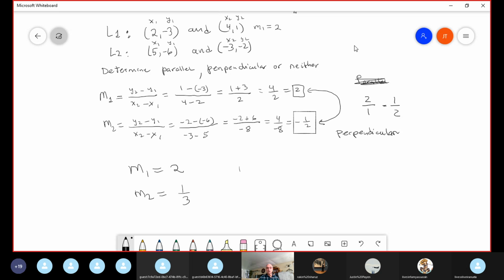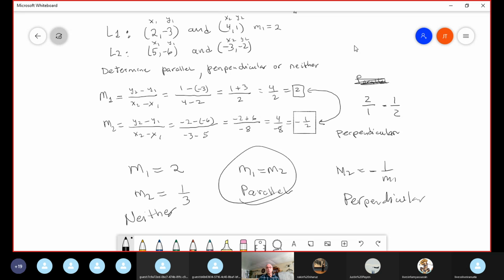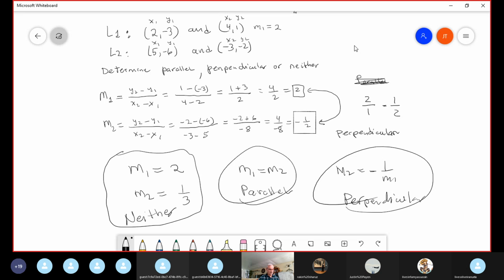The typical relationship is slope the same, parallel, or slopes reciprocal and opposite sign, perpendicular. Otherwise, it's neither. It's the most popular case. These are super special cases, and this is the ordinary case. More clear? Yes, thank you, Professor.